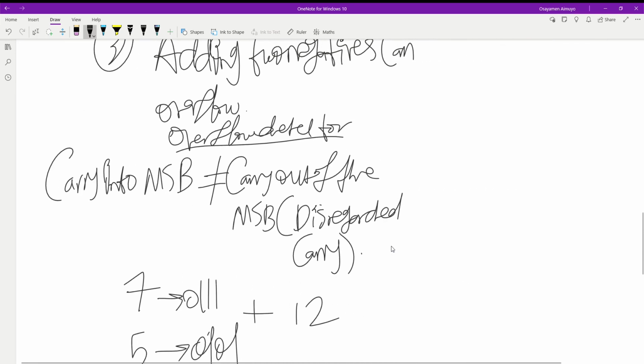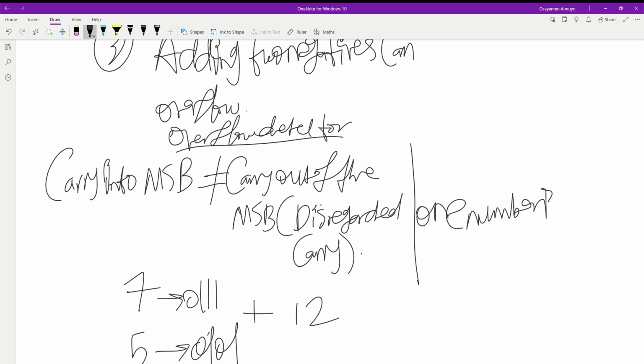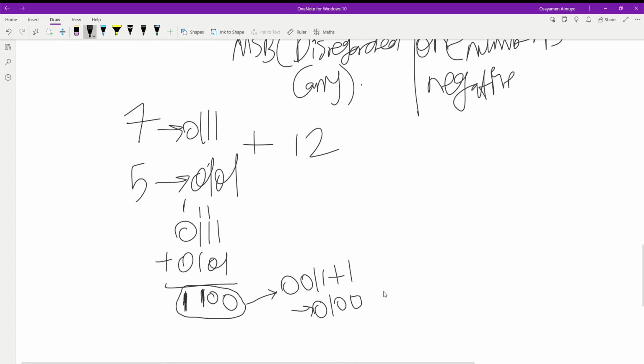So like I said, there are two methods. This only works when one number is negative, if I'm not mistaken, yes.